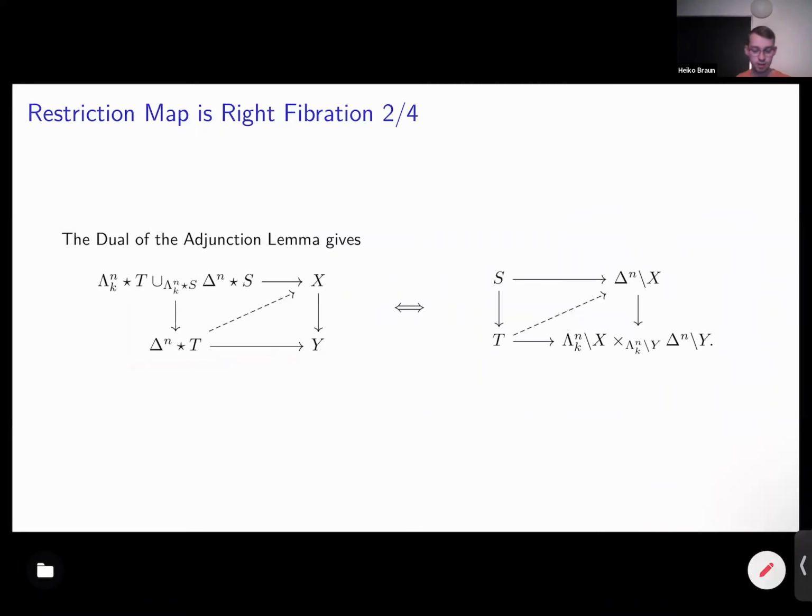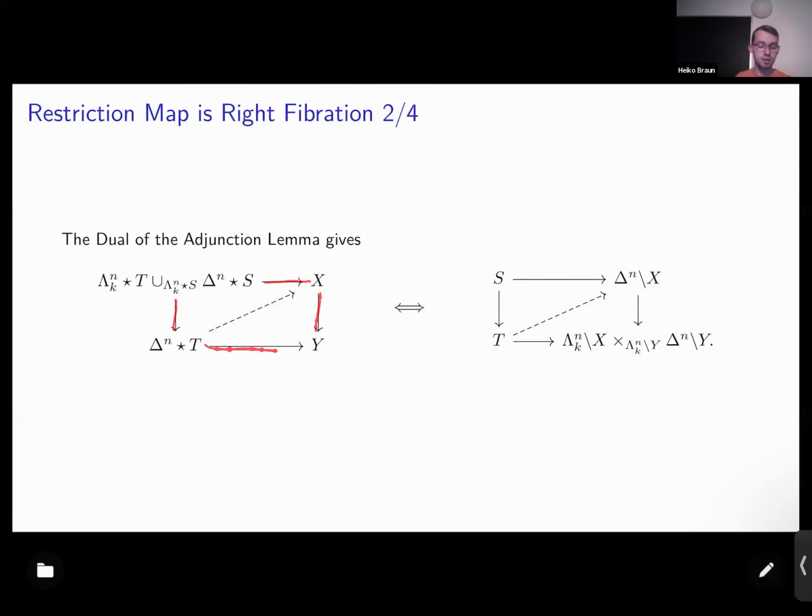But now we use the dual adjunction lemma, because usually this diagram lives in T over simplicial sets. But in this special case, we can actually just consider this in delta n under simplicial sets, because delta n and T just live on the upper left corner of the diagram, and the other maps just need to be compositions with the one we already have given.